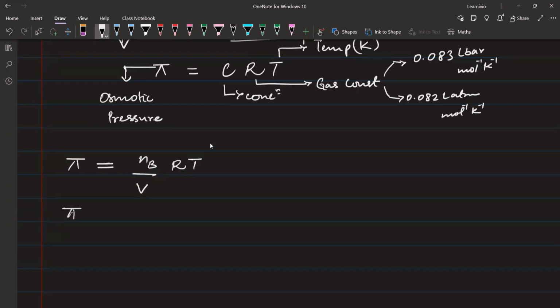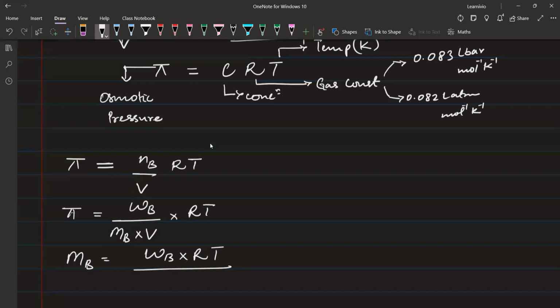Further I can write pi is equal to given mass of solute divided by molar mass of the solute multiplied by volume into RT. And the molar mass can go to that side, and we will get MB is equal to given mass of solute into RT divided by pi into V. So this is how we can calculate the molar mass of solute using osmotic pressure.